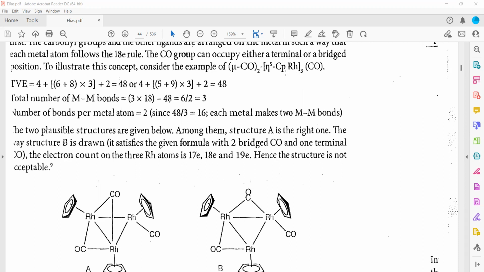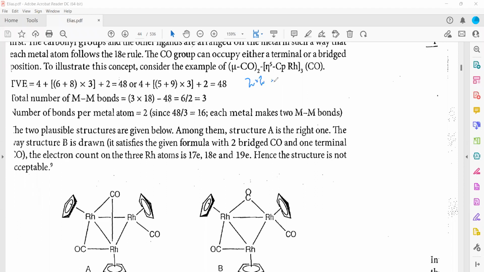Now there is mu-CO whole twice. So this carbonyl is bridging, but you don't have to get confused over there. Carbonyl can only donate 2 electrons, right? So you will consider 2 only here. So in this case also 2. So 2 carbonyls, 2 into 2.